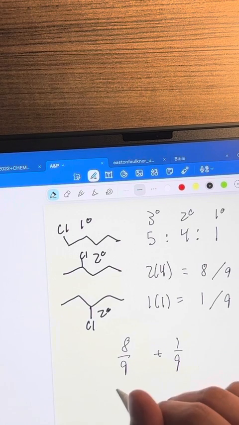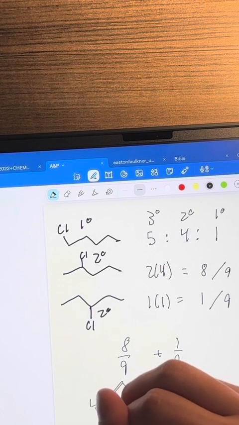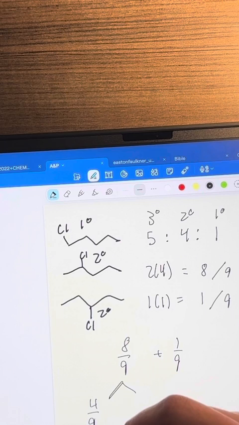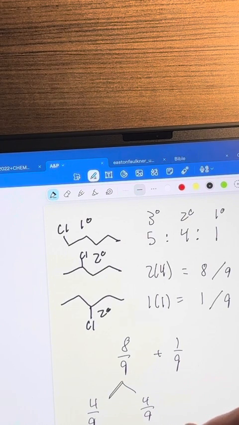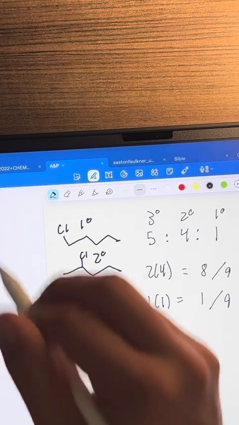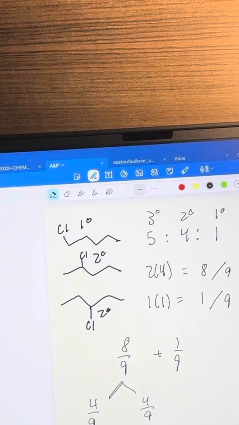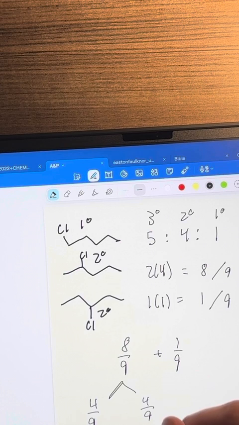And we can break this down further into 4/9 being this product, 4/9 being this product, and 1/9 being this product.